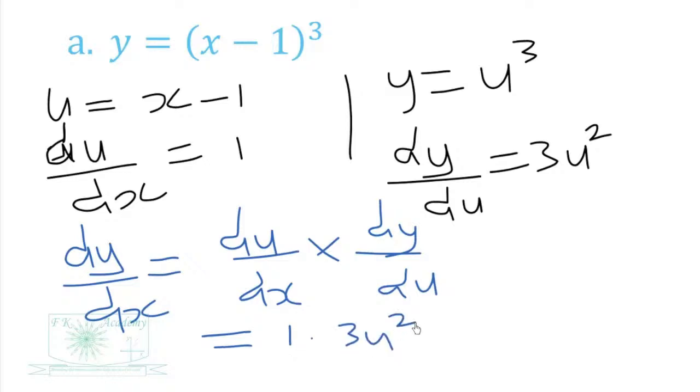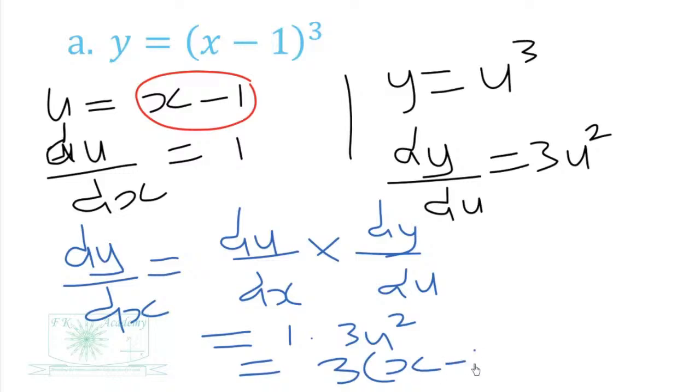So we substitute u back. u is x minus 1, so that gives us dy/dx to be equal to 1 times 3, which is 3, times x minus 1 all squared. So that is dy/dx for us, 3 into bracket x minus 1 squared.